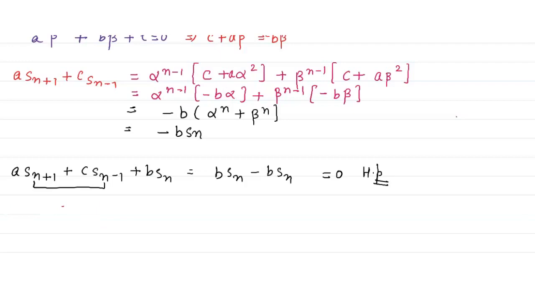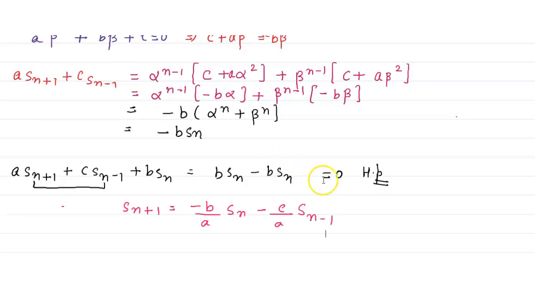So I can write this as a Sn plus 1 plus b Sn plus c Sn minus 1 is equal to 0, or you can write Sn plus 1 is equal to minus b by a Sn minus c by a Sn minus 1, right?